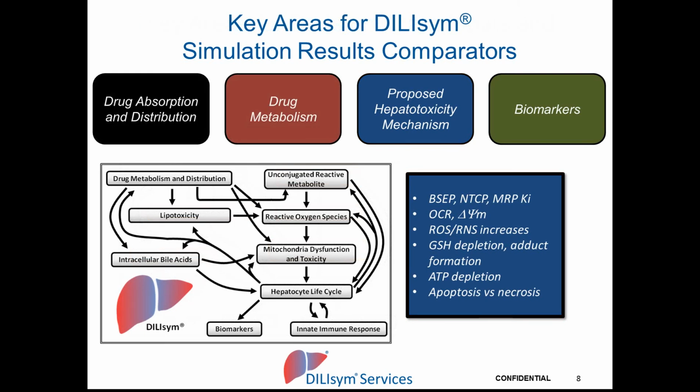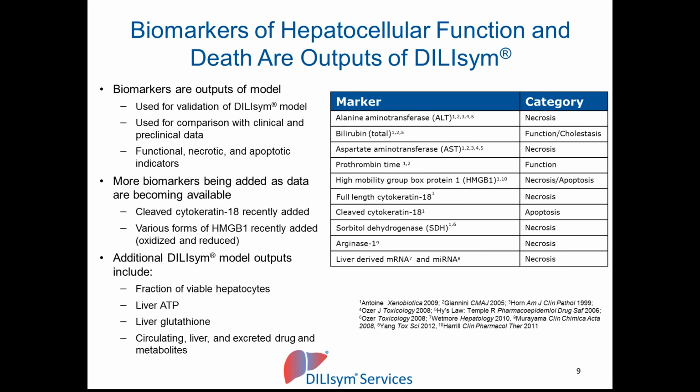And as far as outputs go, by and large, the DILI community relies on biomarkers of injury, and we have represented a substantial number of drug-induced liver injury biomarkers, listed here in the table. You can see we have the classic measurements: ALT, bilirubin, AST, prothrombin time.